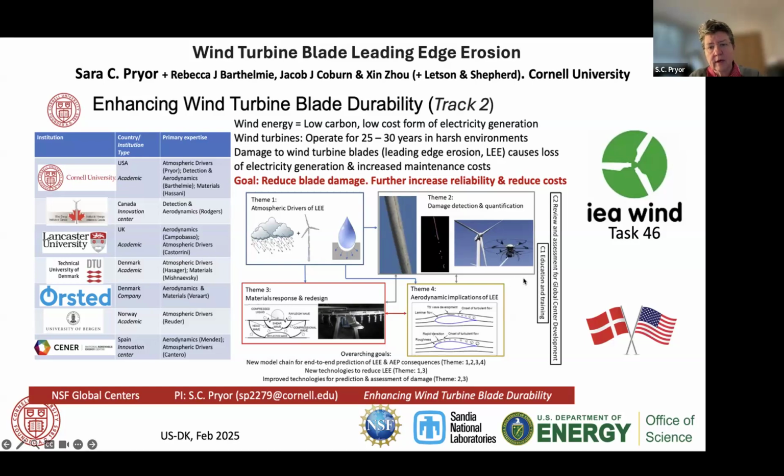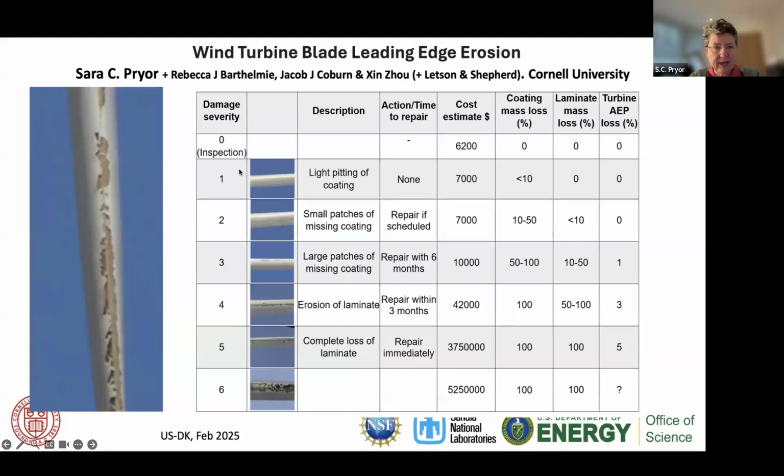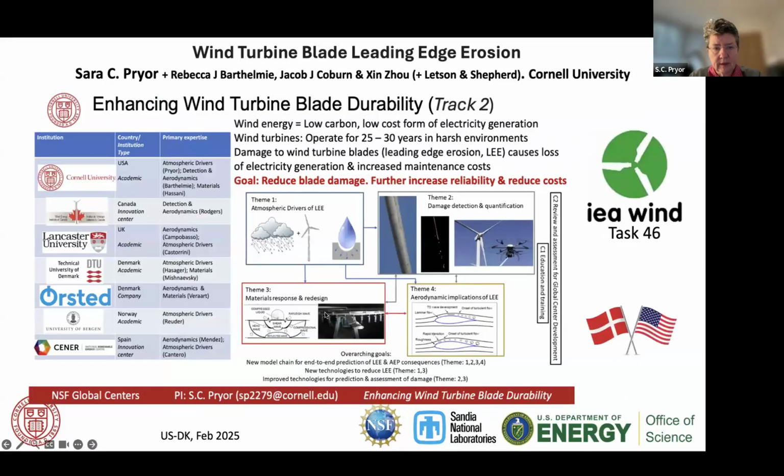Theme 2 is linked to damage detection and quantification. Essentially, how can we quantify whether we are currently in damage severity 1, where probably action isn't needed, or damage level 3, where probably repair is necessary and necessary in fairly short term.